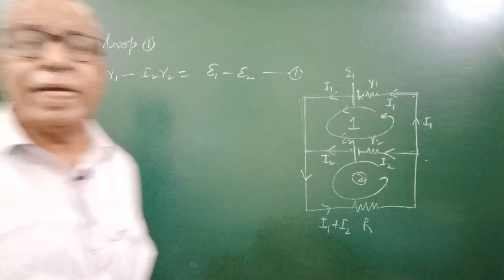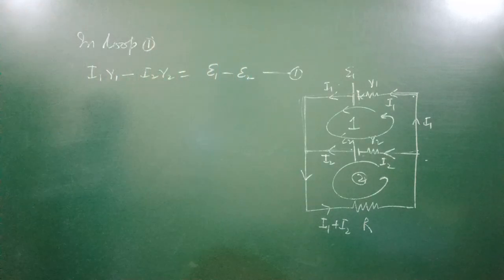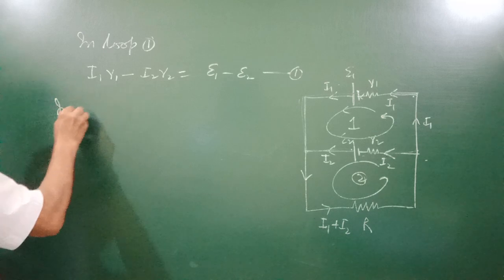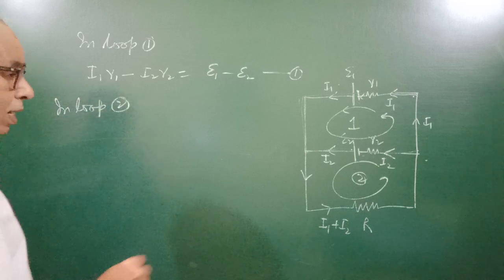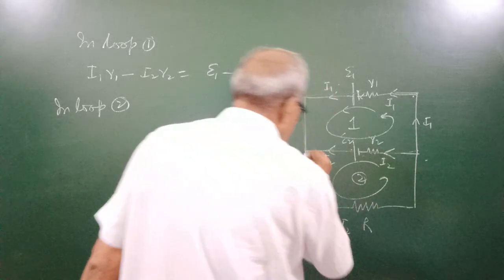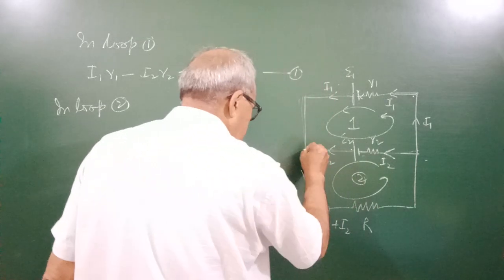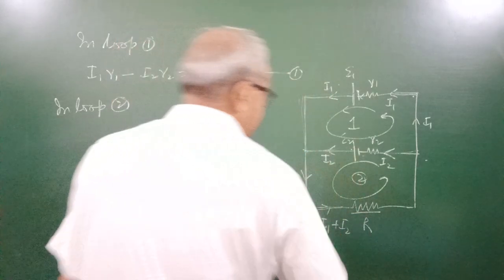You will better understand all these things when you solve problems. Again in loop 2, if I start from this point, here we suppose there is no resistance. The resistance is shown this way.